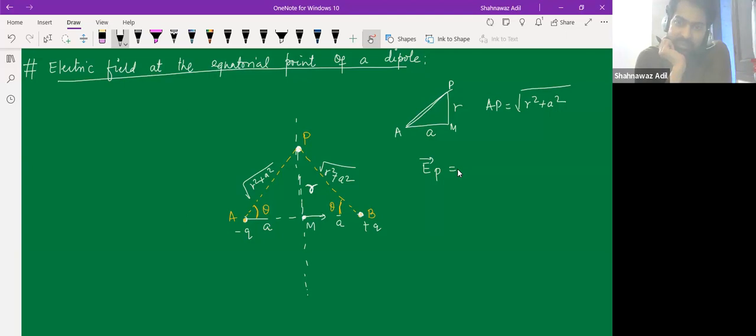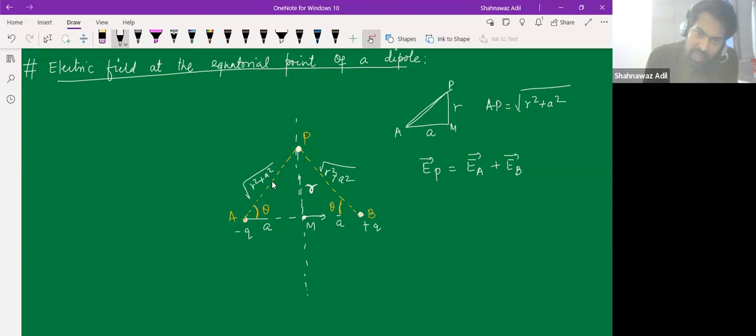Minus Q and plus Q. And what is the other one that you are seeing? Okay, only two, right? Electric field due to A and electric field due to B. Only two contributions, right? Is that clear, guys? Yes, sir.